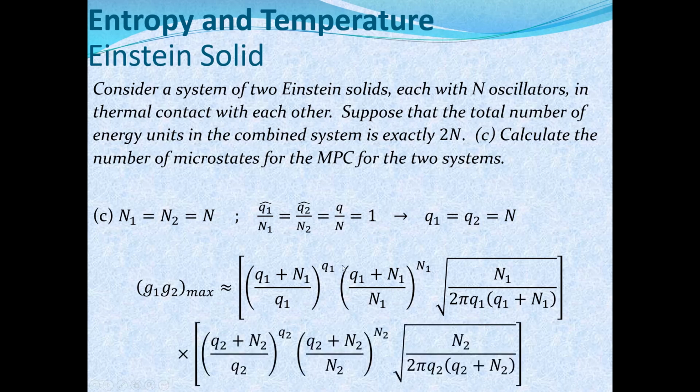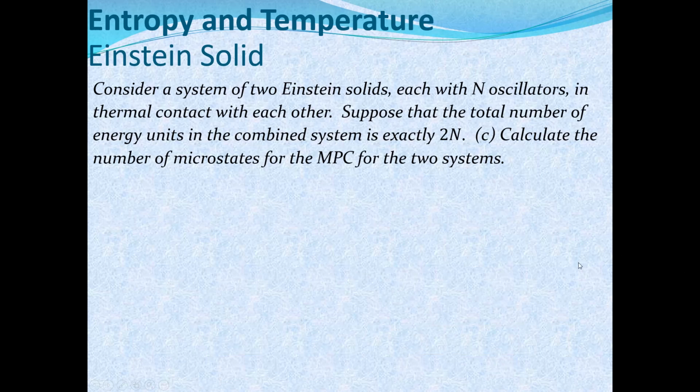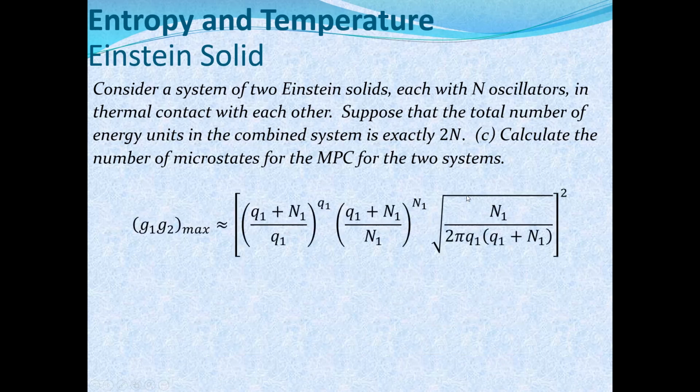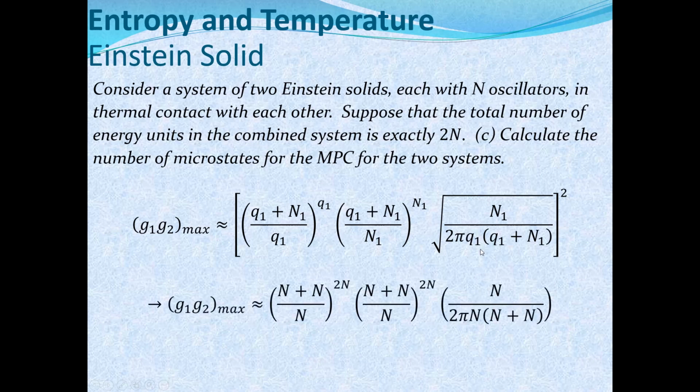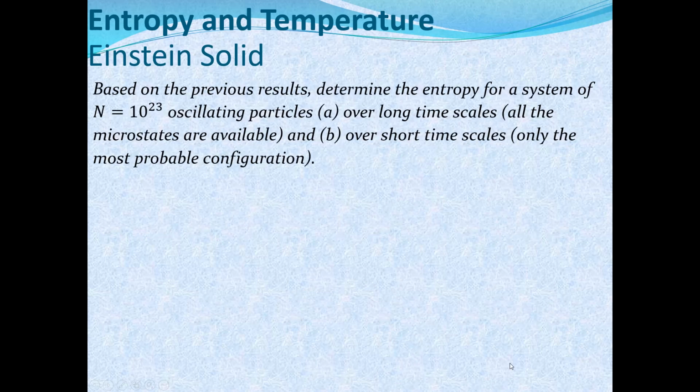So this is for the first system, this is for the second solid, and we can probably actually combine this and square it. Yep, we square it because Q1 and Q2 are the same. And then now we can just plug in n for all the terms, and it ends up getting me this. So this is the number of available states in the most probable configuration. Whew. All right.